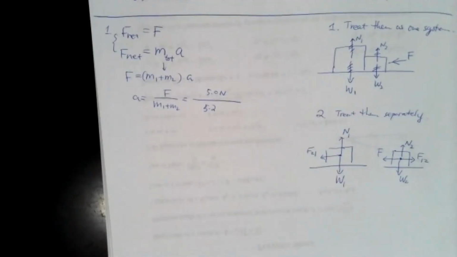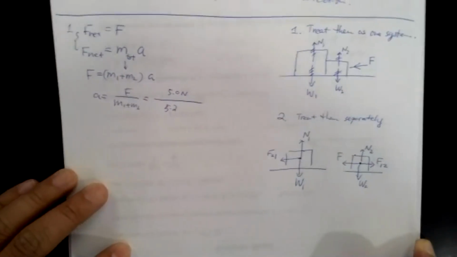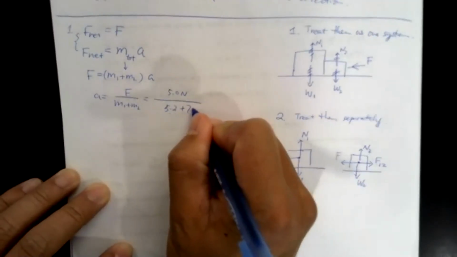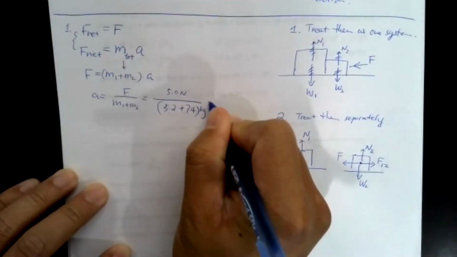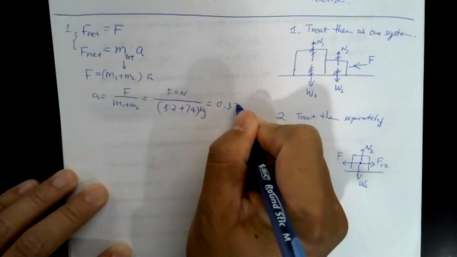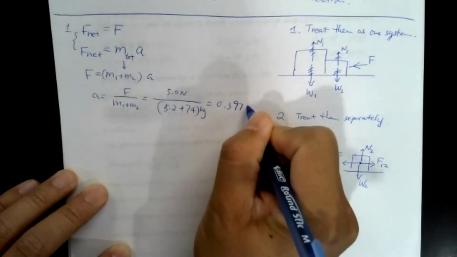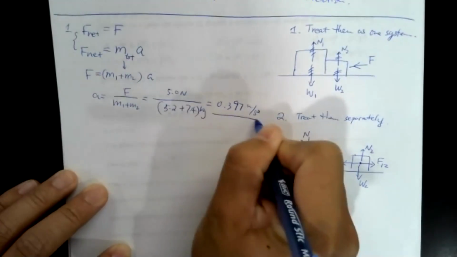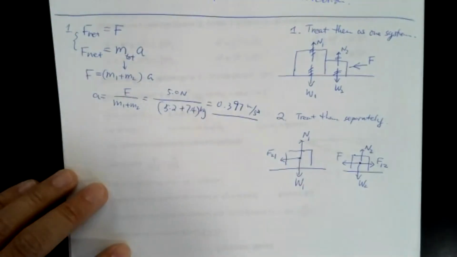Okay, they are both in kilograms, so newton over a kilogram will give you meters per second squared. So that's your acceleration.